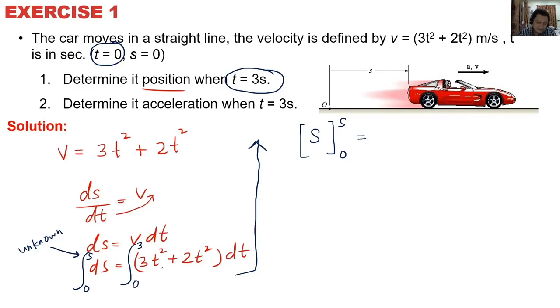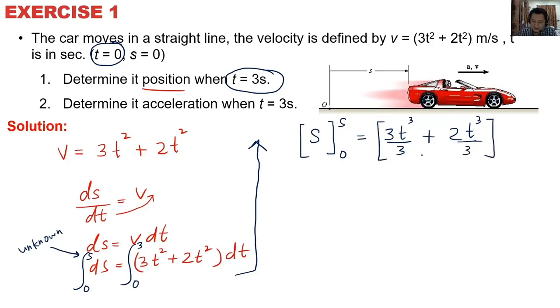There's a difference between integration and differentiation, so you need to remember that. So 3t squared, integrating gives 3t cubed over 3, plus 2t cubed over 3.